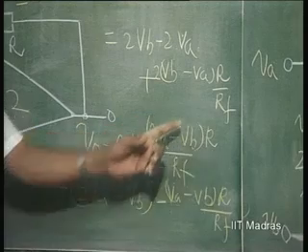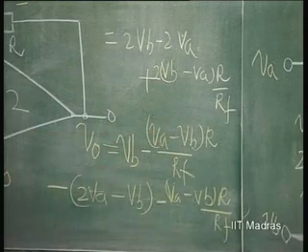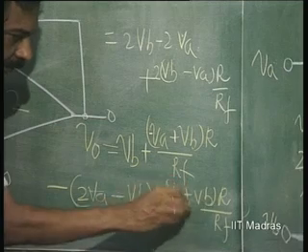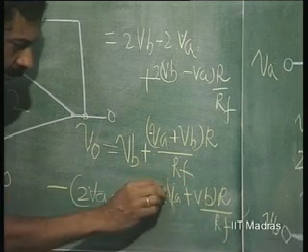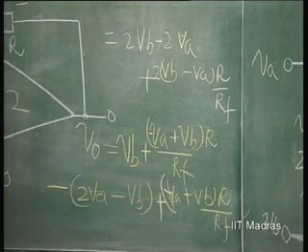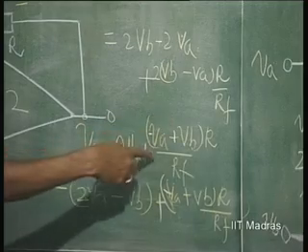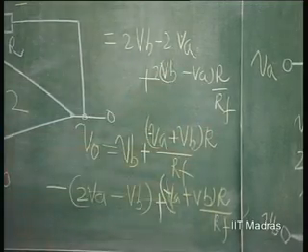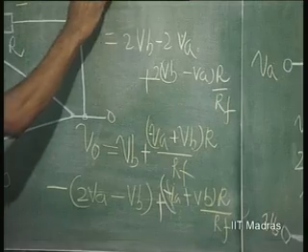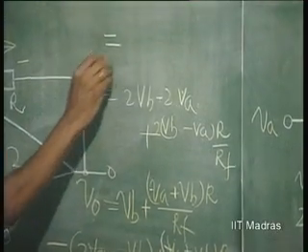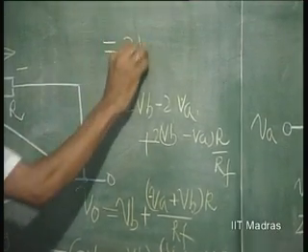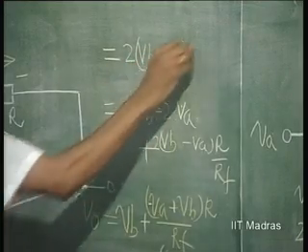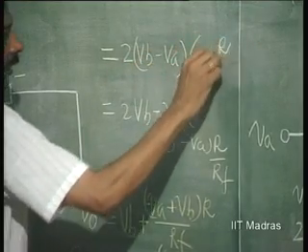So, it is VB minus VA by RF into R twice that. So, essentially again the gain is 2 times VB minus VA into 1 plus R over RF.